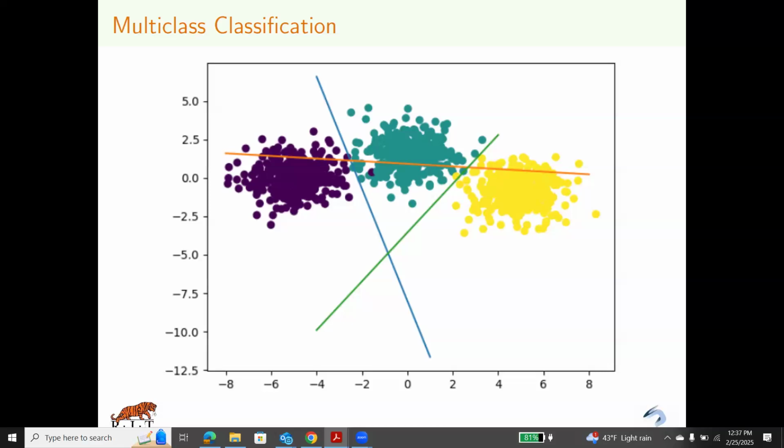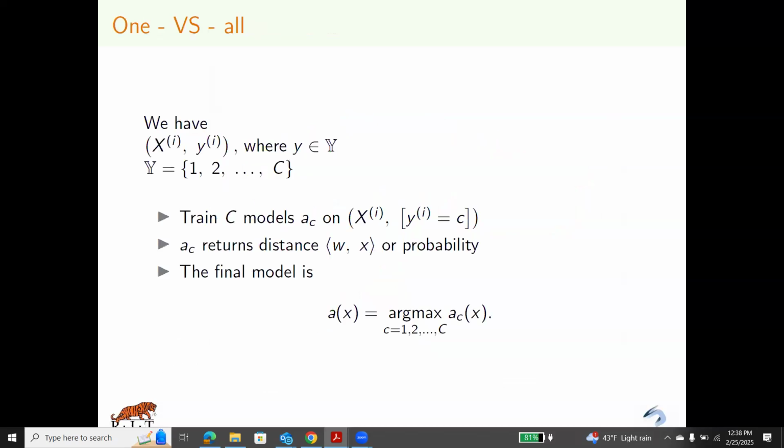For class green, we will have this decision boundary, which will try to separate green points from other points. And for the yellow class, this green line will separate the yellow class from other classes.